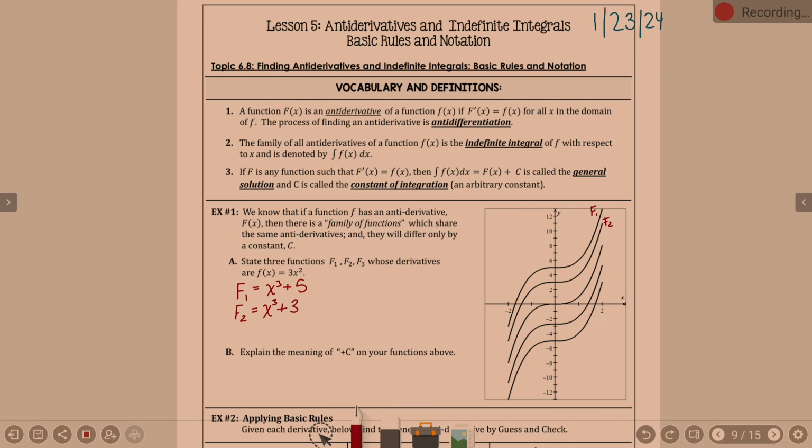Is that derivative 3x squared? It is, because the derivative of a constant is 0. What's f3? x cubed. The derivative of x cubed is 3x squared. That'd be the most basic one, but the point is that's not the only one, is it?